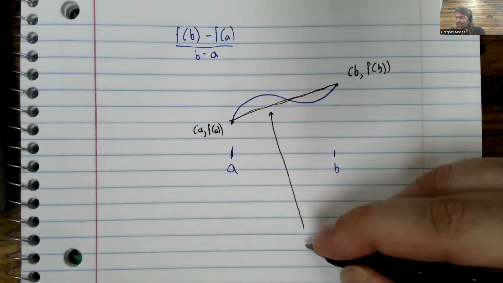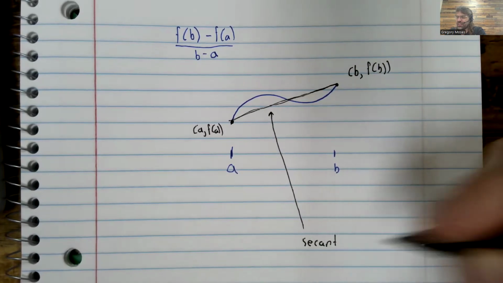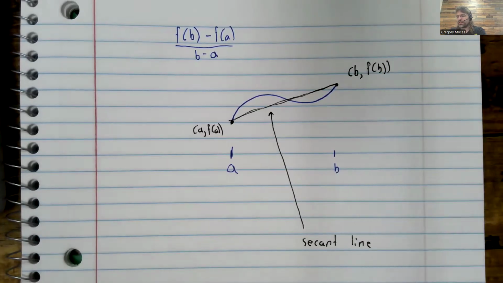And we call this line a secant line. Now, this is just average rate of change, no limits involved.